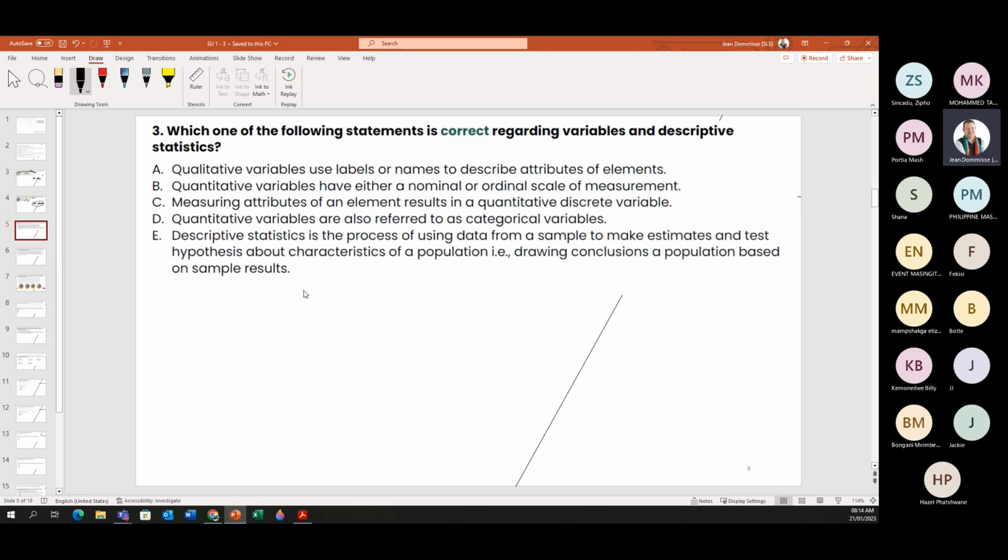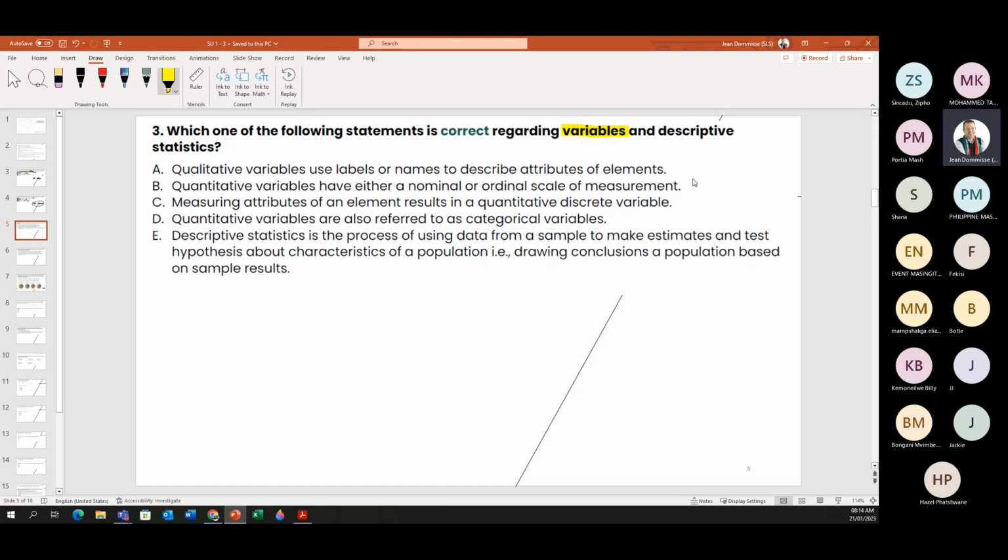Okay, so next one. Now we've nearly identified what sample and population are, what the parameters are, and what statistics are around that. Now we go into a bit of the variables.